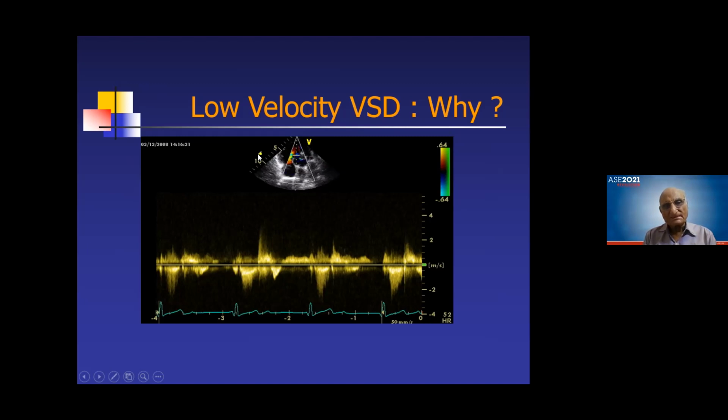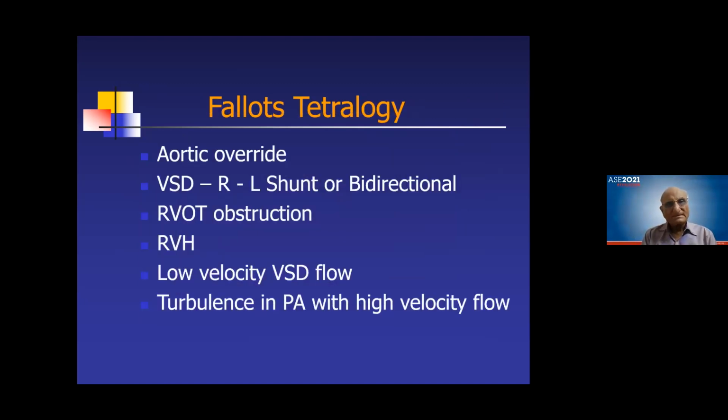This is known as a non-restrictive VSD. That means there is a free flow through the large VSD, producing equalization of pressure because of the significant RV pressure. And all other pulmonary stenosis, as we will show you later, will have a high velocity flow.